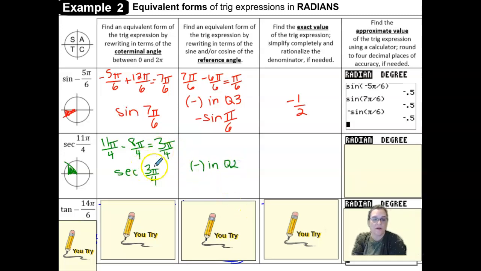Okay, so now we want to find the reference angle, and the closest x-axis is 4 pi over 4. So we'll take 4 pi over 4 minus 3 pi over 4. And that gets us a pi over 4 reference angle.